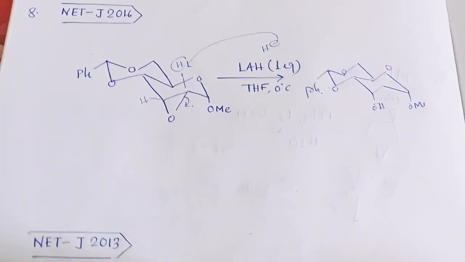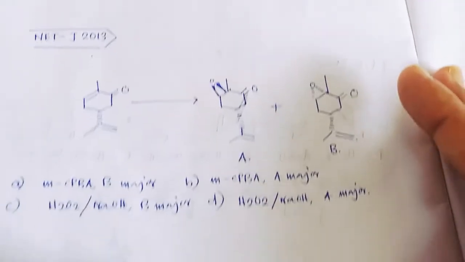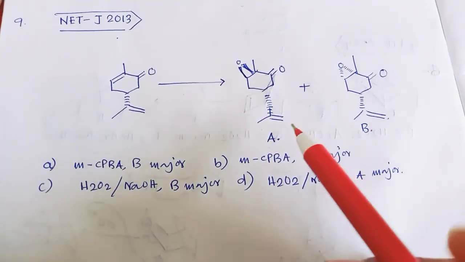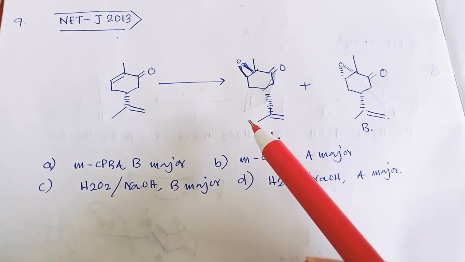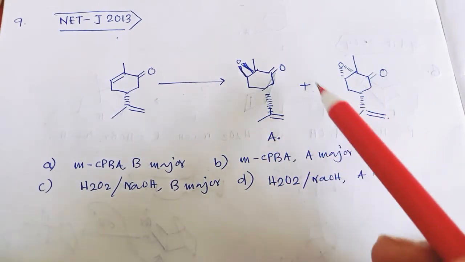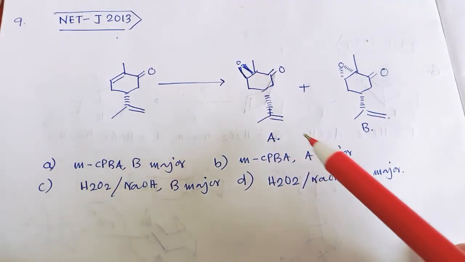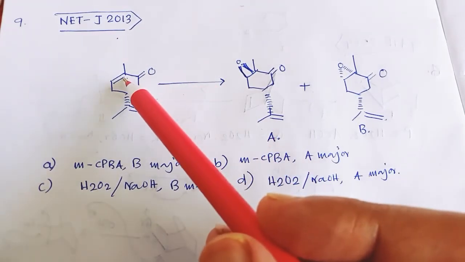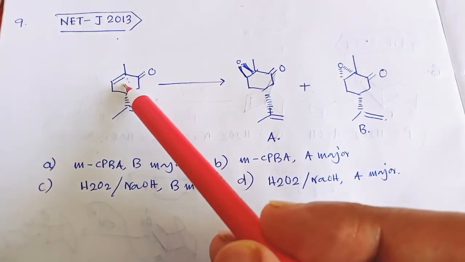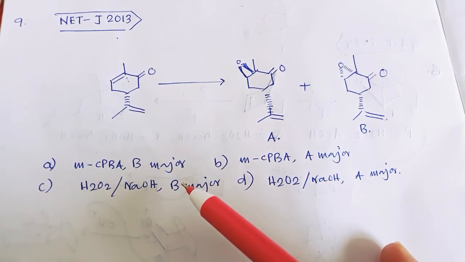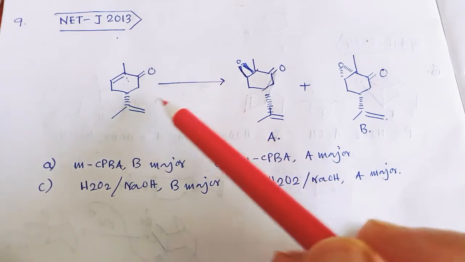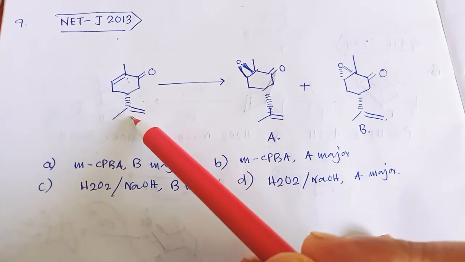Coming to the next question, and this is the last question, and this is also from June 2013. If you look closely at the options and the products, you can easily eliminate two options because here an alpha beta unsaturated double bond is given, and we know mCPBA does not react at the alpha beta unsaturated double bond. It will react at the isolated double bond, that is this.